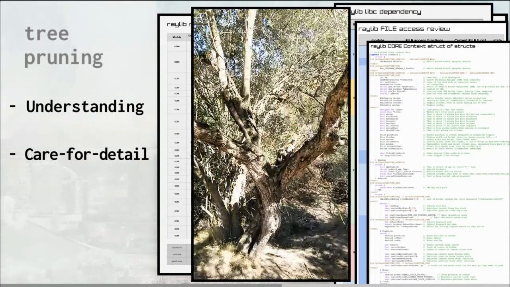And yeah, after that, as you can see, there is less branches in the tree, so the sap could move more freely. And also there is more light of the sun reaching the leaves, so that tree can increase production.